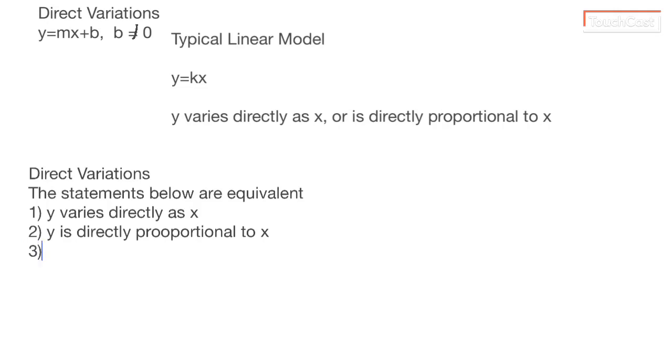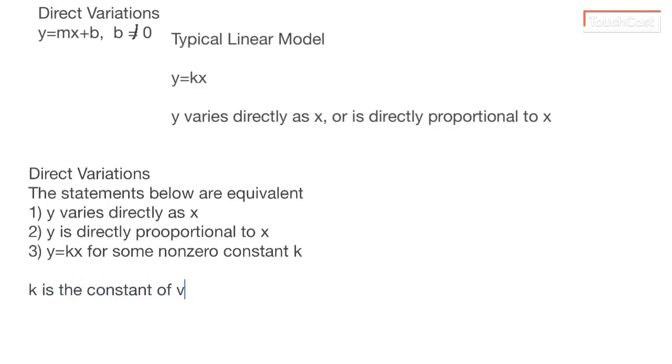And our third, y equals kx for some non-zero constant value k. And in this case, k is called the constant of variation, or also sometimes called the constant of proportionality.